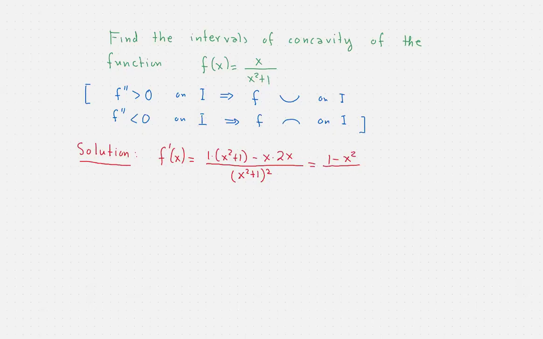For the second derivative, we will have to be a little more careful. So the derivative of the top is negative 2x times the bottom, x squared plus 1 squared, minus the top times the derivative of the bottom. For the derivative of the bottom, we will need to use the chain rule. So we will think of x squared plus 1 as y.